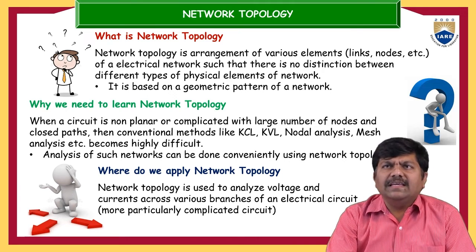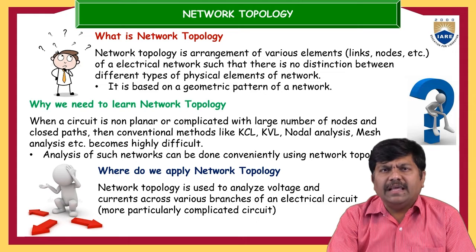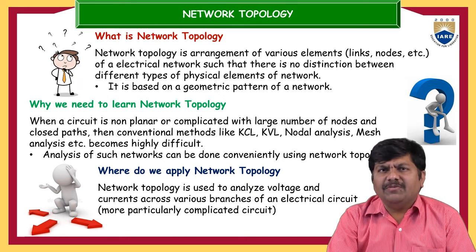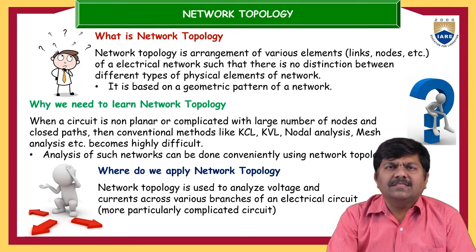Network topology is the arrangement of various elements, links, nodes, meshes, etcetera, of an electrical network such that there is no distinction between different types of physical elements of the network. Just now we discussed, you need not represent exactly the element as it is. You can equivalently represent the element with a solid line.